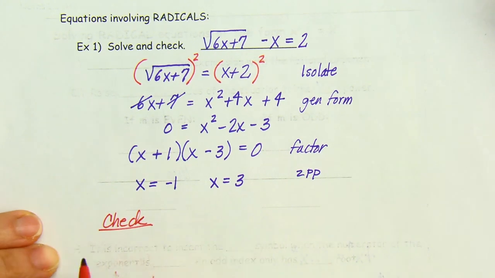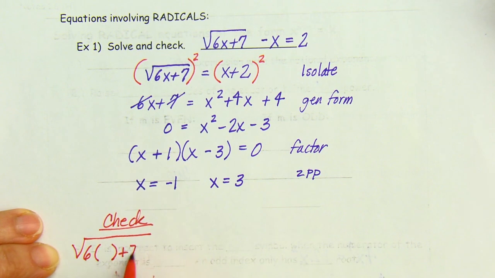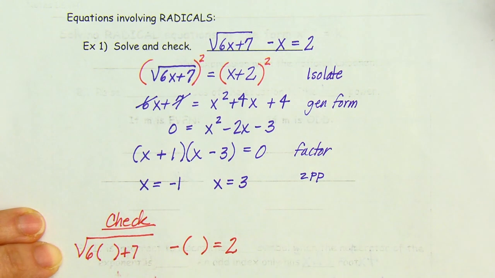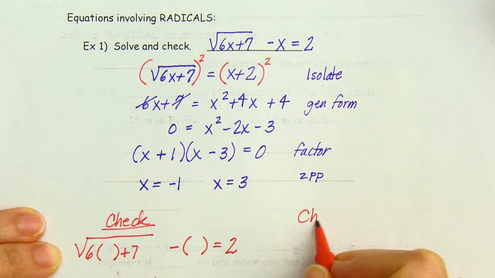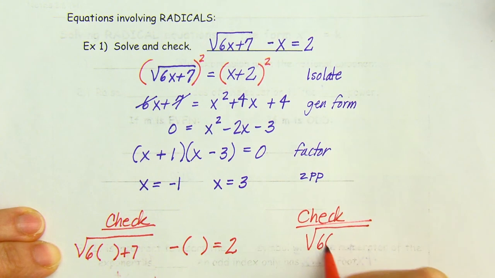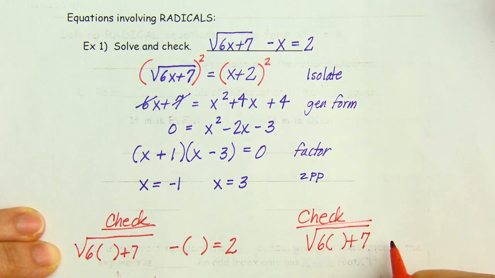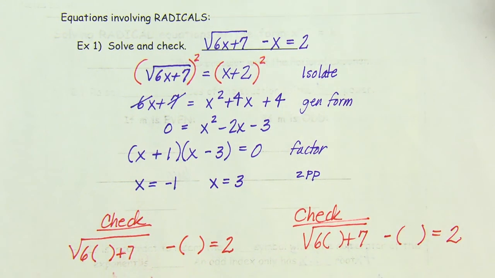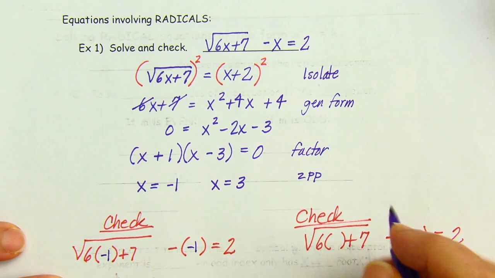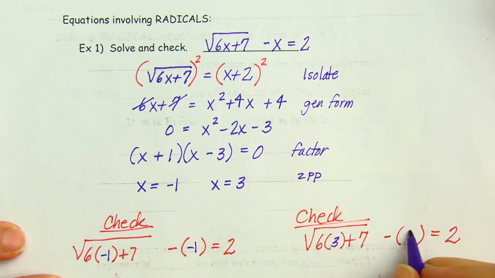Over here, I've got the square root of 6, parenthesis for x, plus 7, subtract x, does that equal 2? I'll set up the second one here. Square root 6x plus 7, subtract x, does that equal 2? I'm going to put a negative 1 in here and here. I'm going to put a 3 here and here.